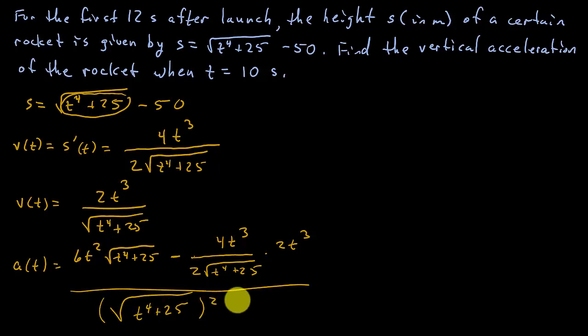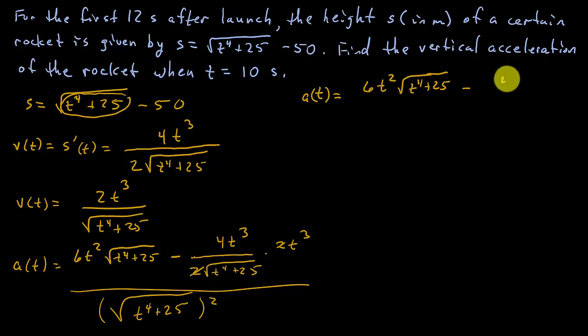squared. All right, so I need to see about simplifying this sum. So I get a of t is, let's see what we've got. We've got 6t squared times the square root of t to the fourth plus 25 minus, now let's see, this 2 and this 2 will cancel.